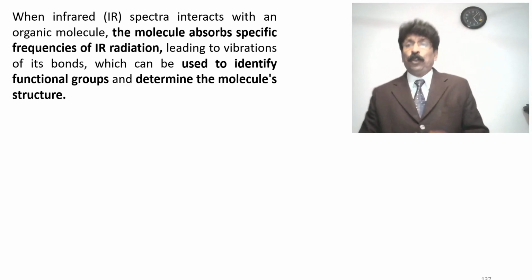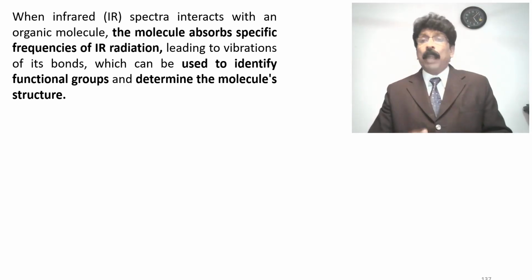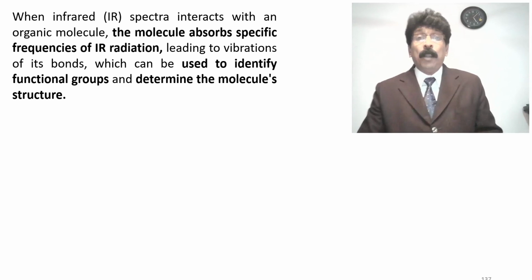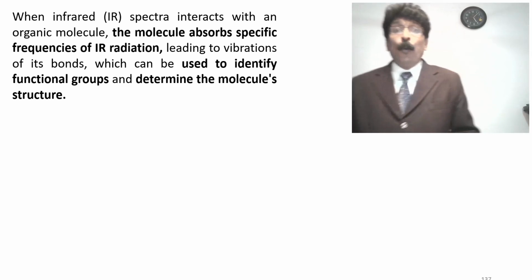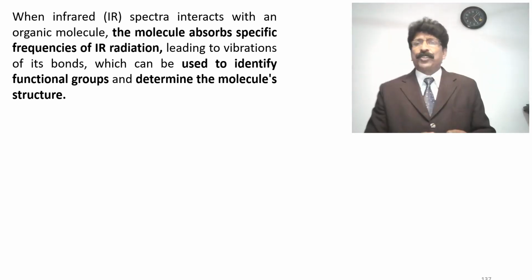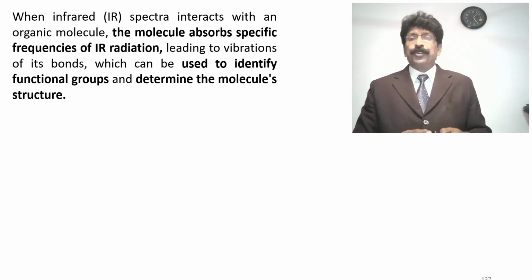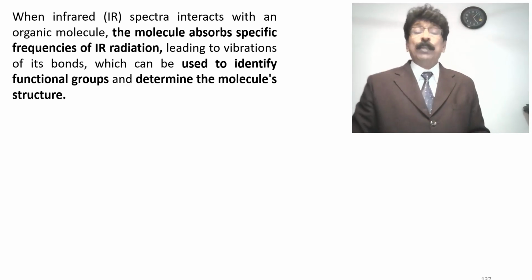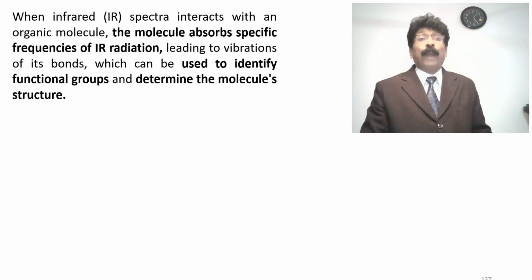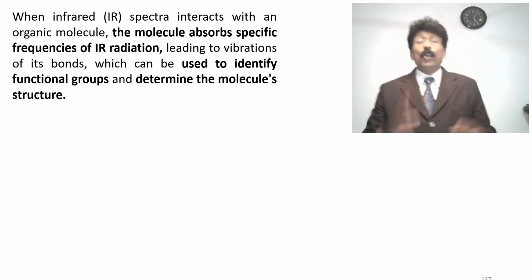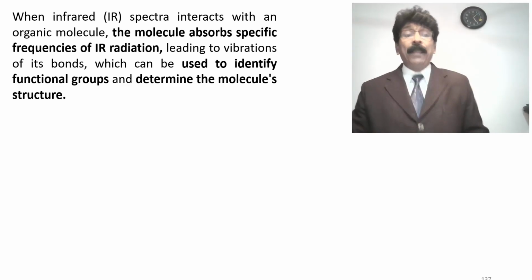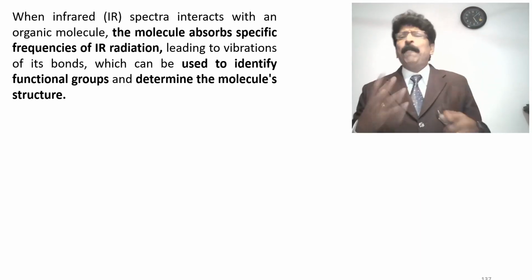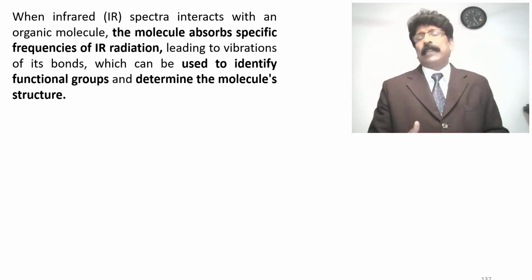You know that pi bonds and sigma bonds are all present in it, that means single bonds, double bonds and triple bonds between two atoms in the molecule. So vibration takes place, which can be used to identify functional groups and determine molecular structures. It's an important point the student should know.